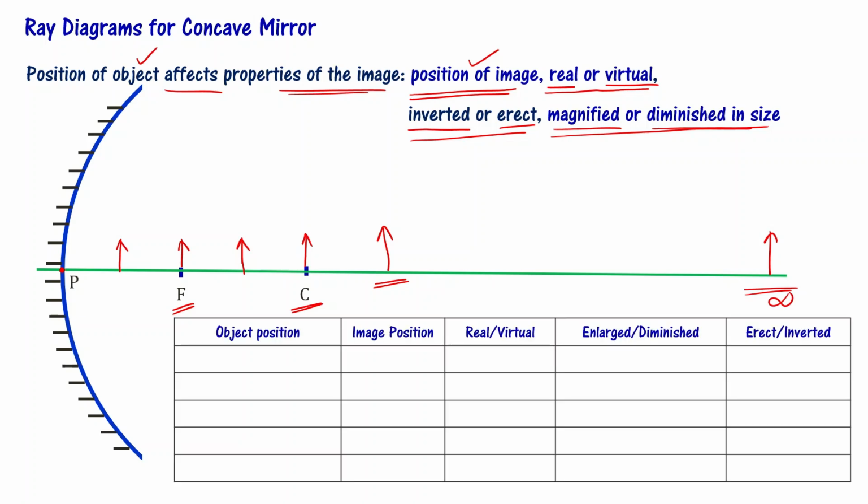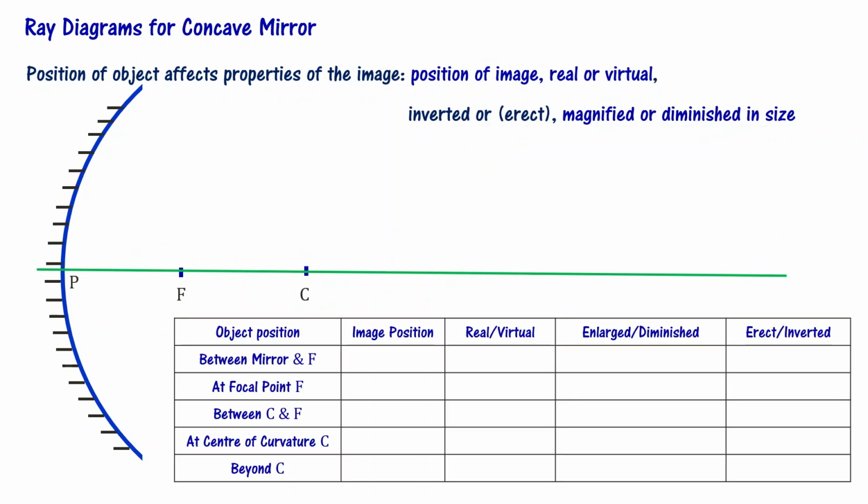So object positions can be, as I said, between the mirror and F, meaning between P and F. At the focal point, meaning the object can be at F, between C and F, at the center of curvature, or beyond C, right?